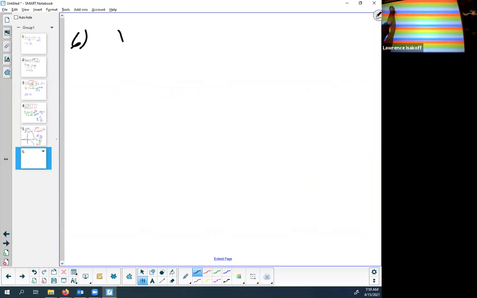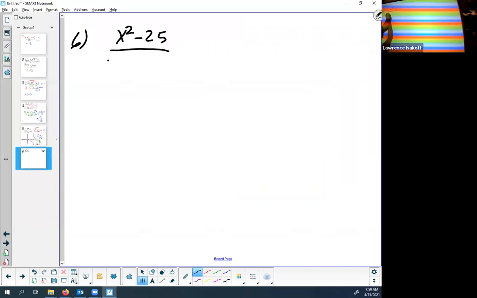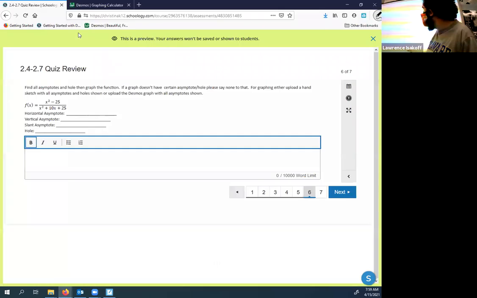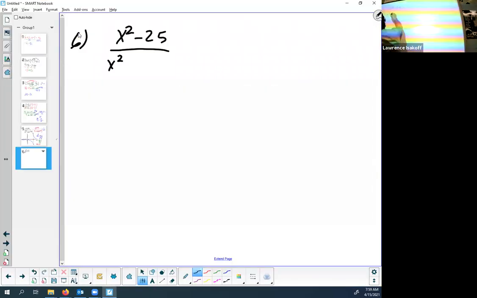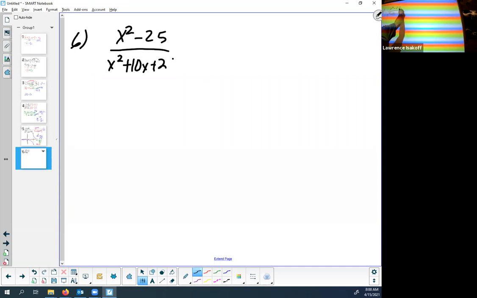So this says x squared minus 25 over x squared plus 10x plus 25. Both numerator and denominator can be factored here.